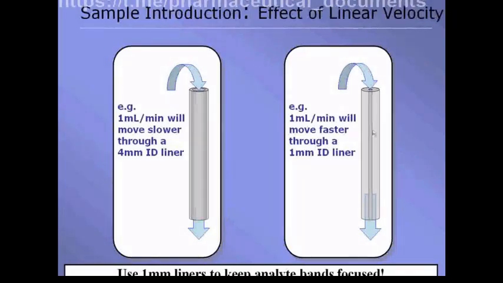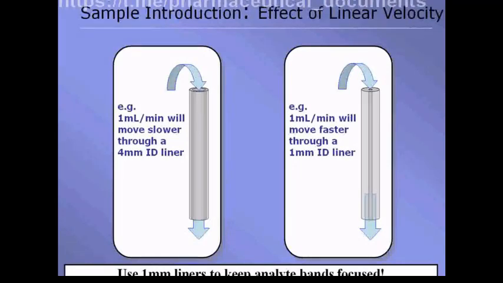So we typically want to use a very narrow bore liner, 1 millimeter. As a result, we have less room for the analyte band to be spread. So we increase our sensitivity on the early eluting compounds, and we create a higher linear velocity moving through the liner. So we actually keep our analyte bands focused.